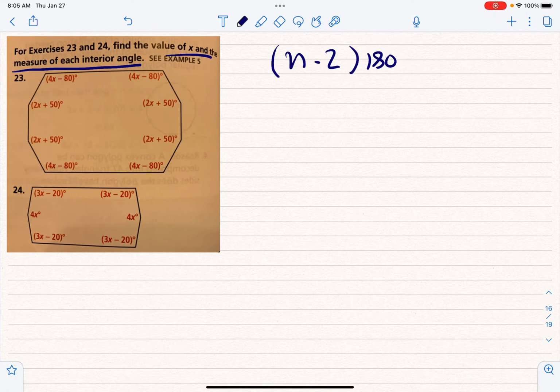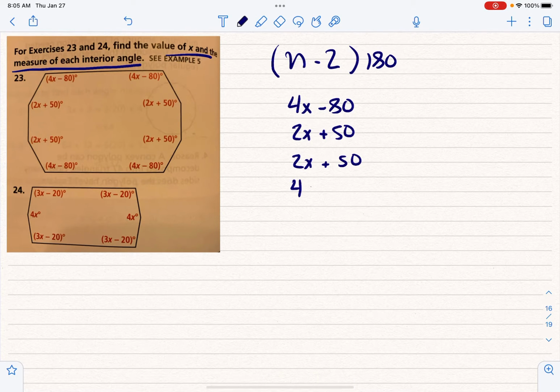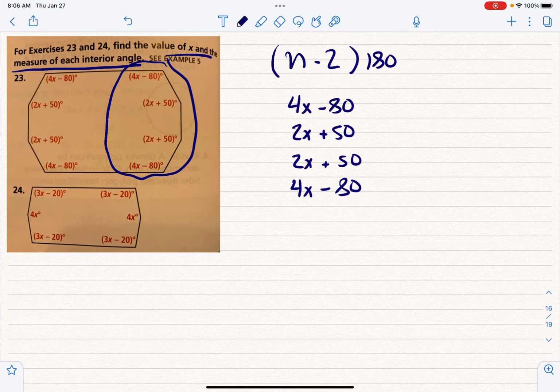Okay, so with these, you can add them vertically if that helps. You could say 4x minus 80, 2x plus 50, 2x plus 50, and 4x minus 80. Now notice all of the ones on the other side are exactly the same. So really I could find the sum of this and then just double it.